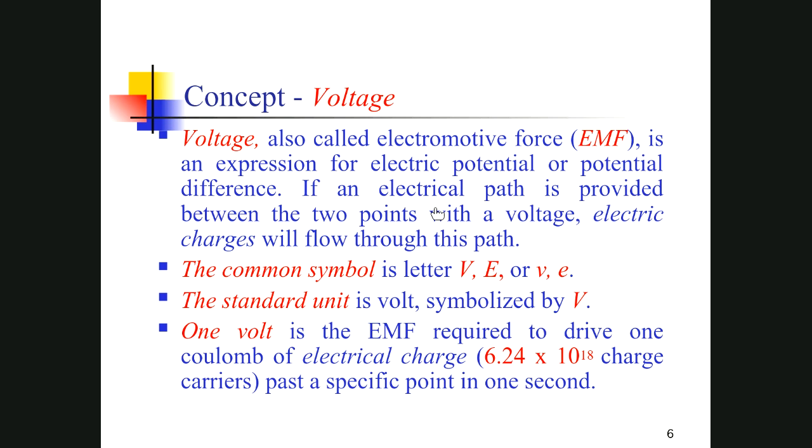The potential difference is a kind of energy. The gravity potential difference is a kind of mechanical energy. The electrical potential difference is a kind of electrical energy. The electrical energy acts on the electrons.